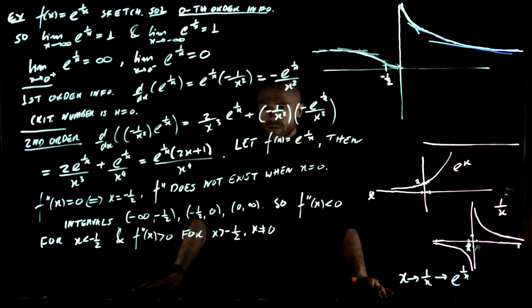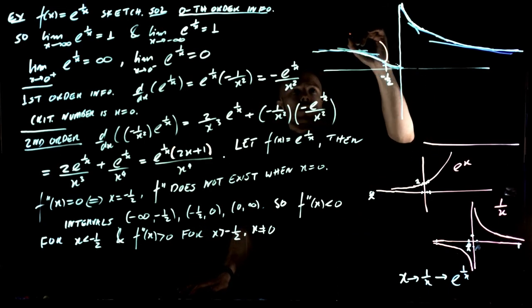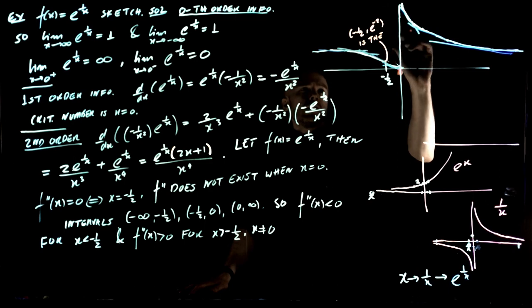Yeah. Points of inflection, where we change from concave up to concave down, that's only going to happen at minus a half. So this thing right here, with coordinates minus a half and e to the minus 2, is the point of inflection.